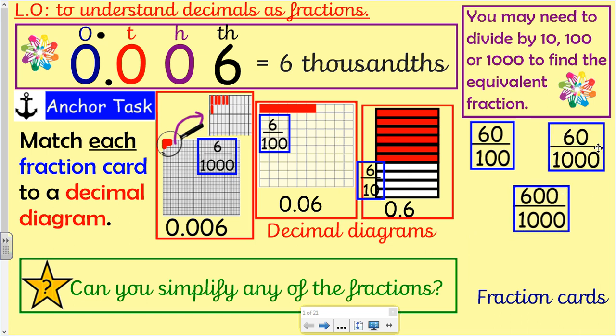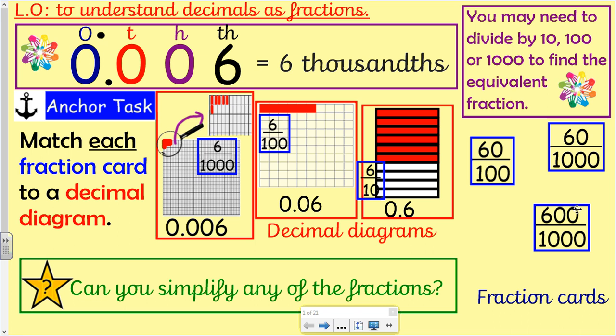So now I'm left with, these are our equivalent fractions. So I'm just going to try and work out which ones they belong to. So I'm just going to take this one first. Now I can divide my numerator and my denominator by the same amount to find an equivalent fraction. So if you look at this one, 60 hundredths.